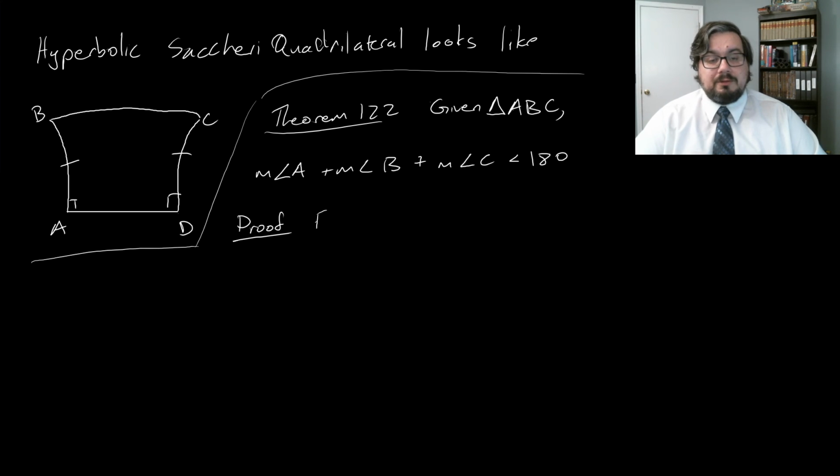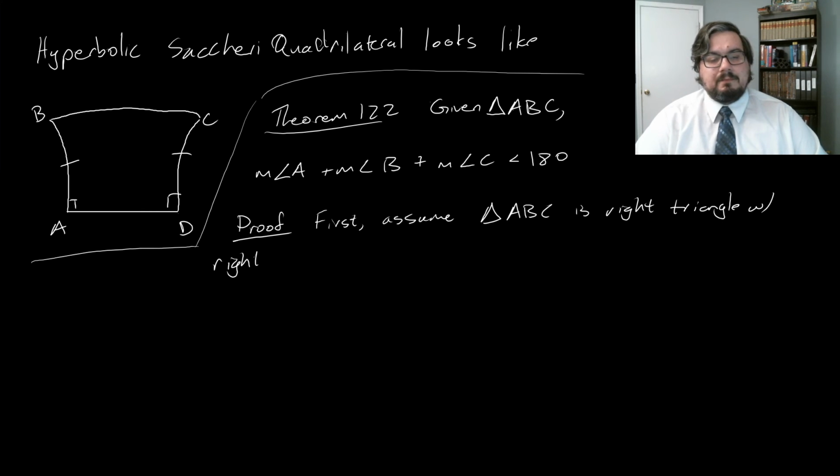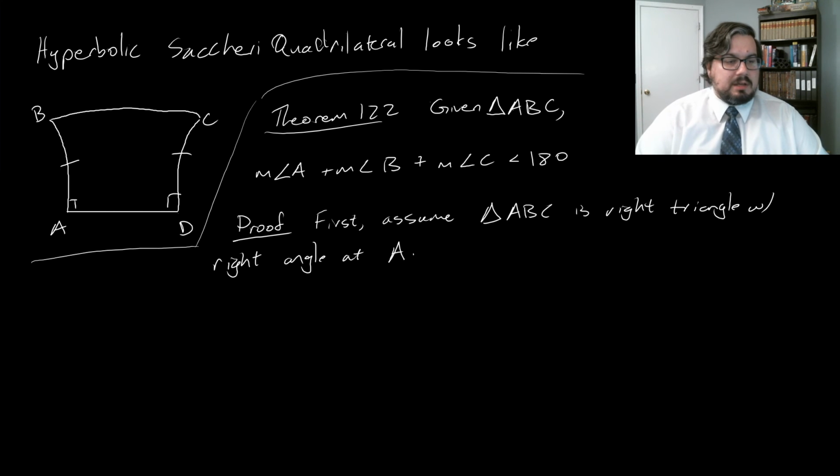So for the proof, first we assume that triangle ABC is a right triangle with right angle at A. So in that case, we've got a picture that looks something like this.